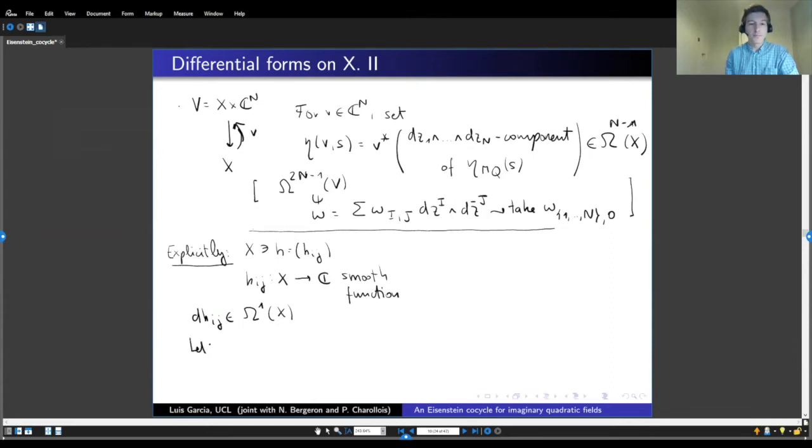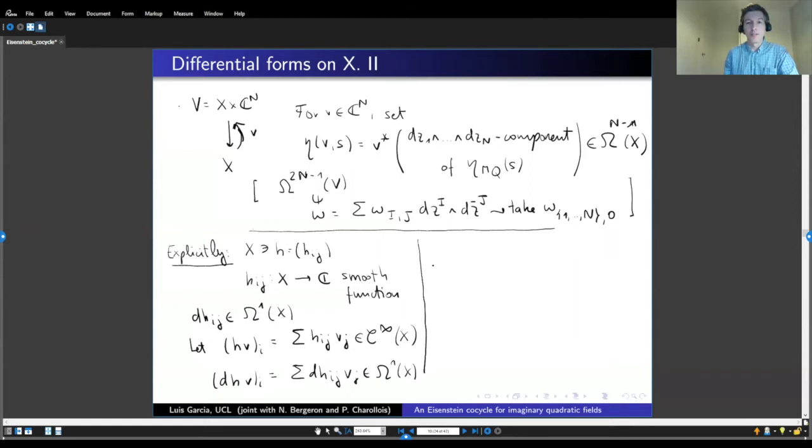So now, let me introduce this. You can multiply the matrix H by B and take the ith coordinate. So you get this expression here, and the same for BH. So this is a smooth function on X, and this is a one form. Now I'm going to form an n-1 form that is a polynomial in these quantities.